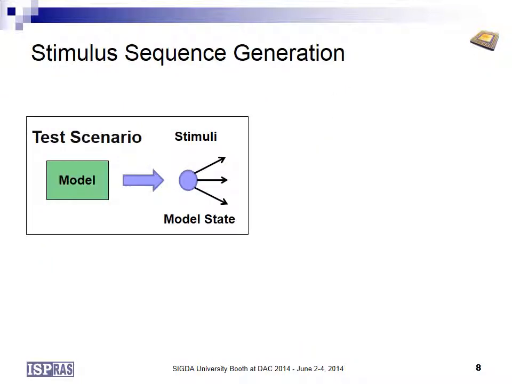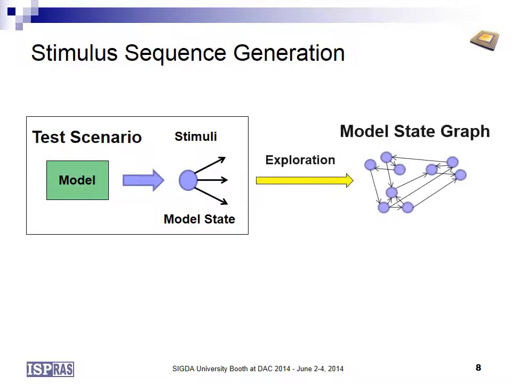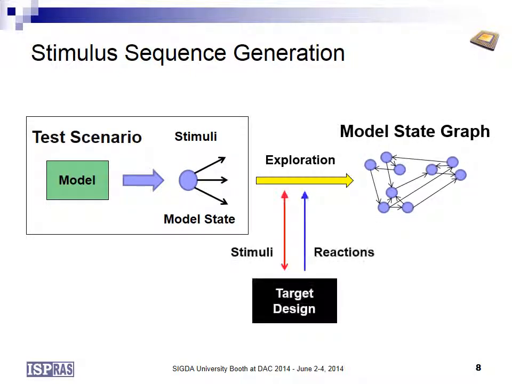Returning to the verification of units, let's remind the task of stimulus generation. C++ TESK deals with it as follows. A user-defined test scenario describes the function of the current reference model state and the list of stimuli allowed by this model in the state. The stimulus generation engine explores such a graph, defined implicitly, sending stimuli during the exploration both to the reference model and to the target design.